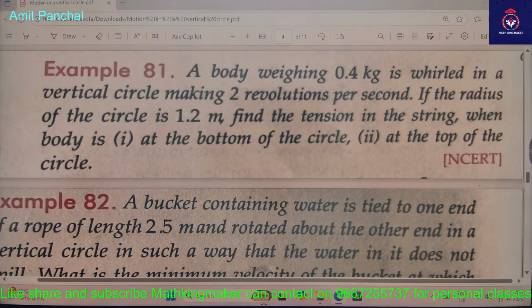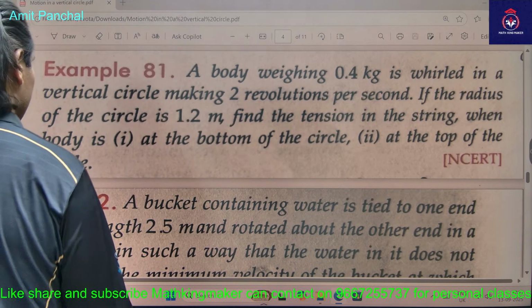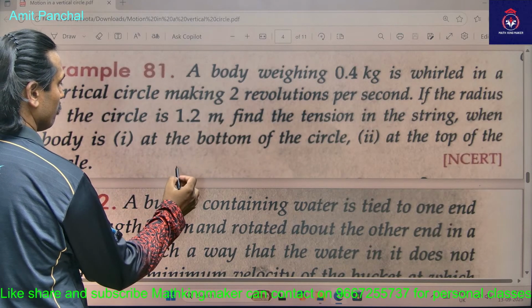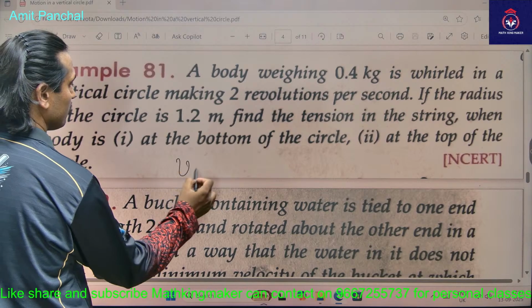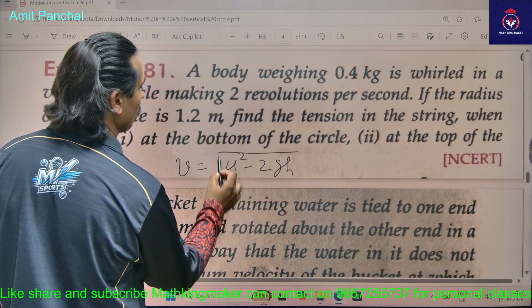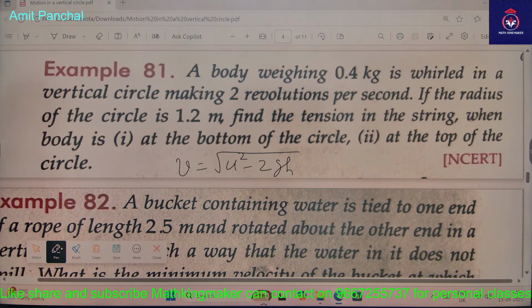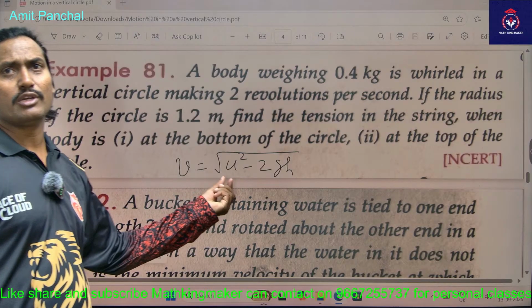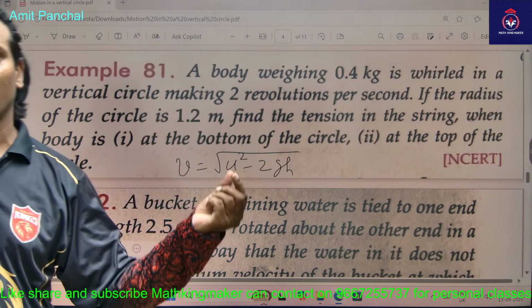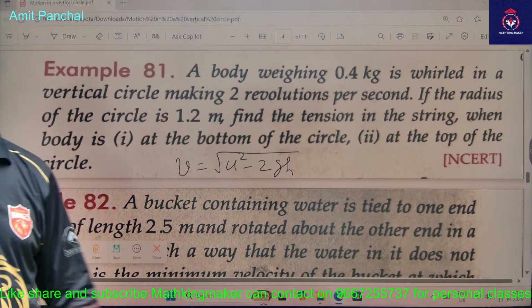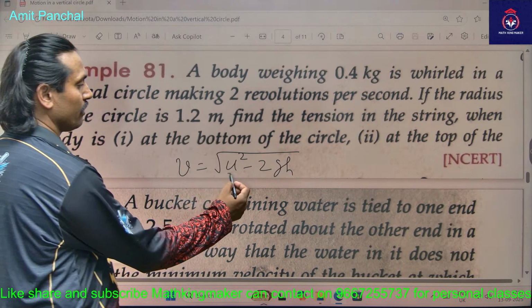It will be different because of what your velocity depends on. The formula is v equals square root of u square minus 2gh, where v is the velocity and u is the velocity at the time of projection, you can say at the bottom.